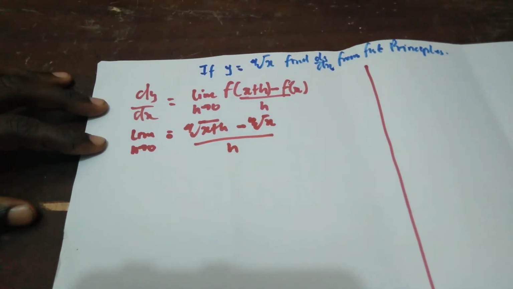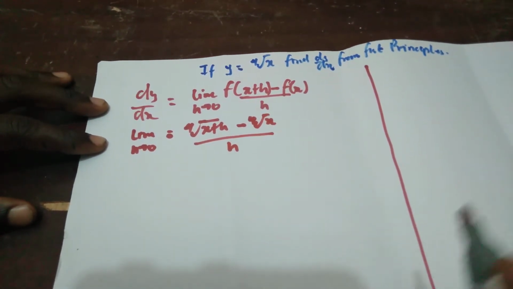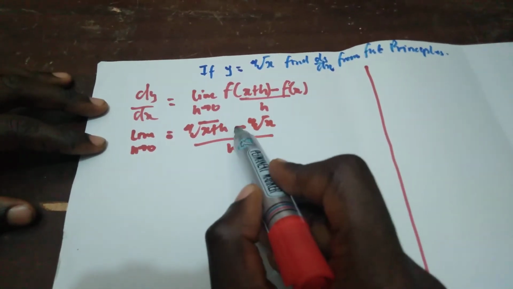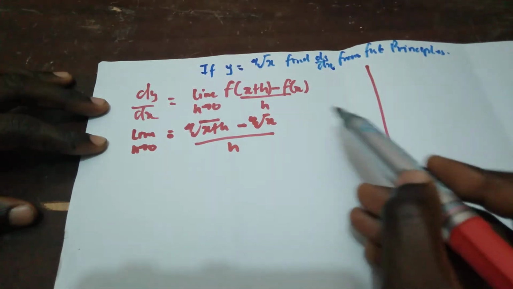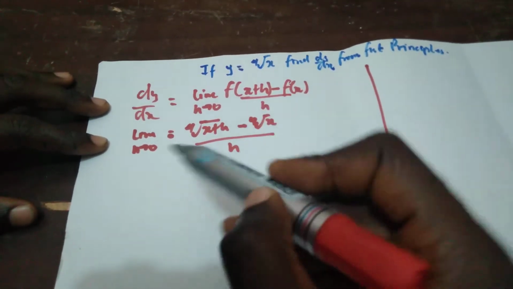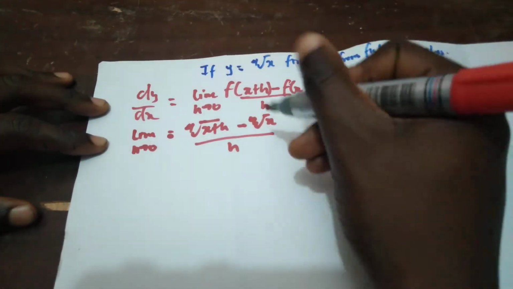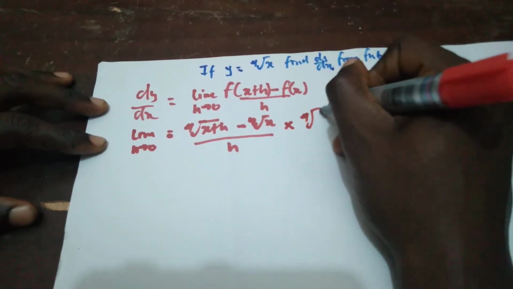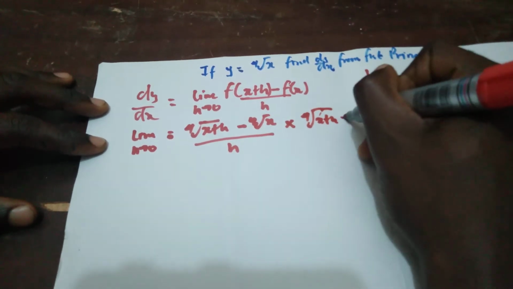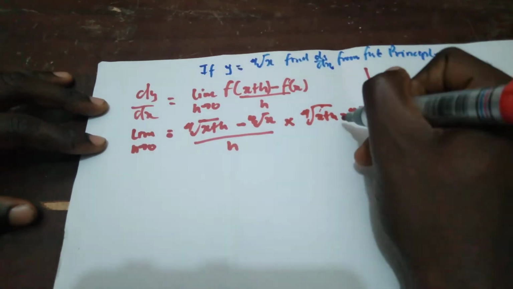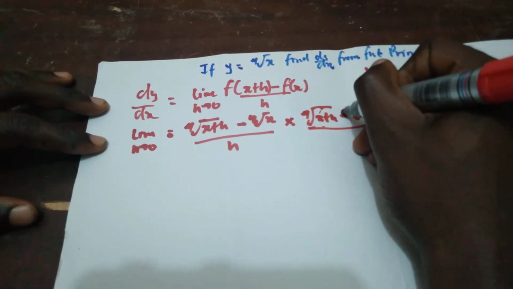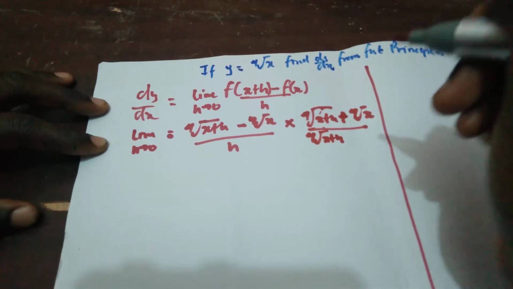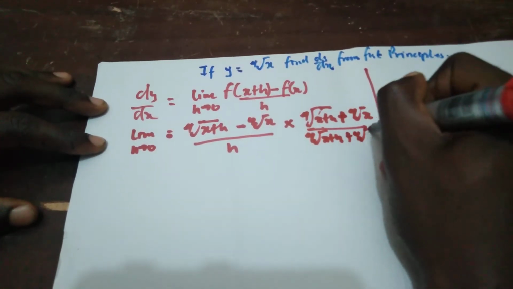Then you rationalize by multiplying by the conjugate: fourth root of x plus h plus fourth root of x.